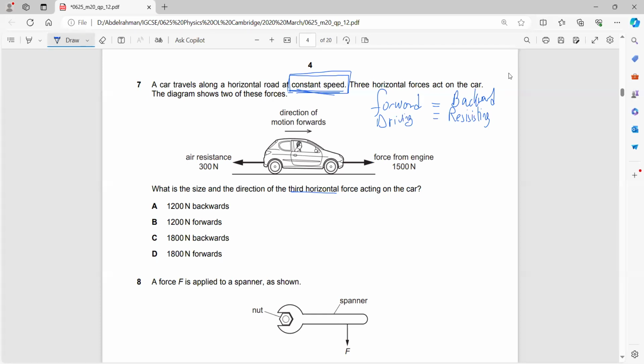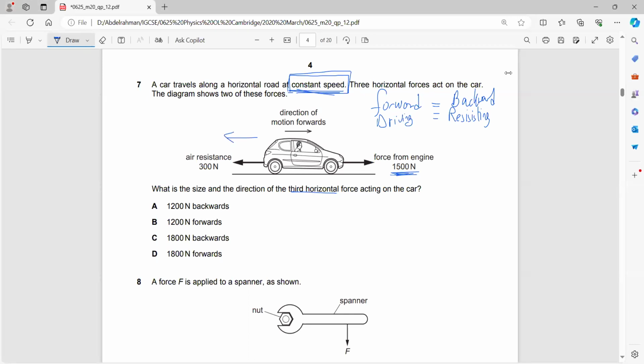The driving force is equal to the resisting force. Constant speed, the forces must be balanced. The driving force is 1,500 newtons forward. For the car to be moving at a constant speed, you need 1,500 newtons in the opposite direction as well. So you actually need a third force, which would be directed backwards.